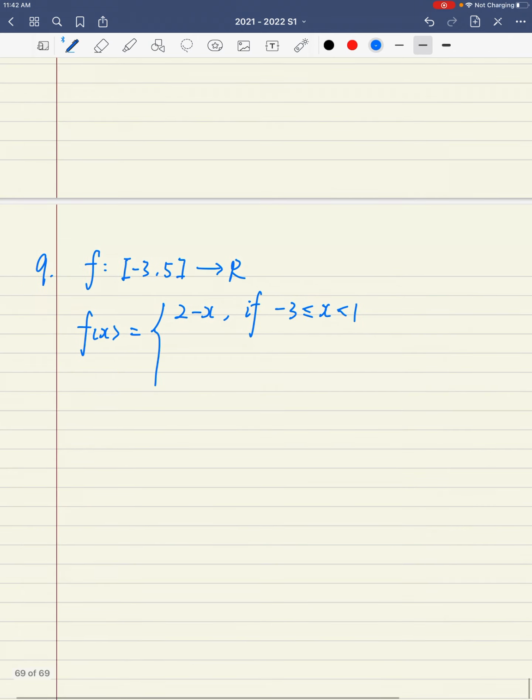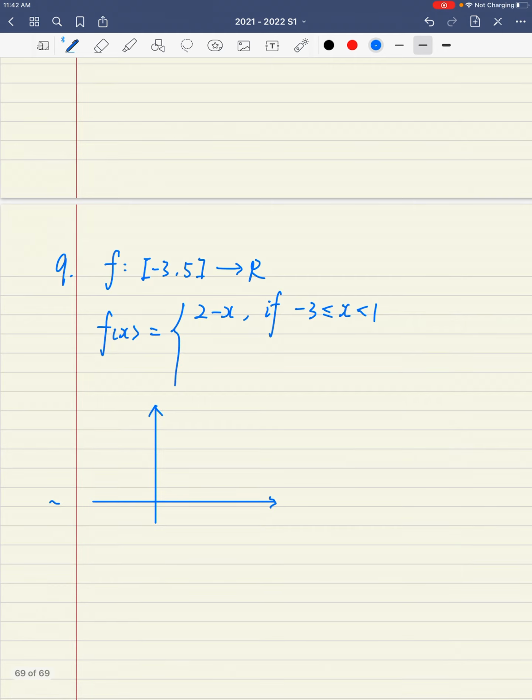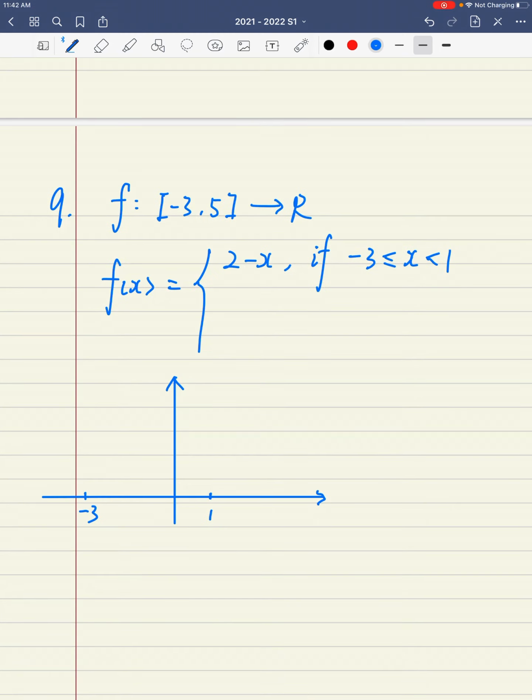Let's draw it on the graph. Let's say this part is -3 and this part is 1. 2 minus x: when x is -3, 2 minus -3 is 5, so we find the point 5.